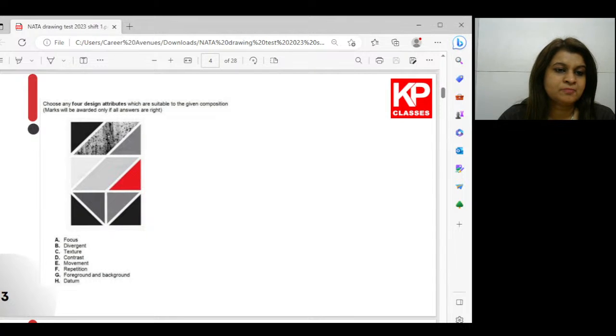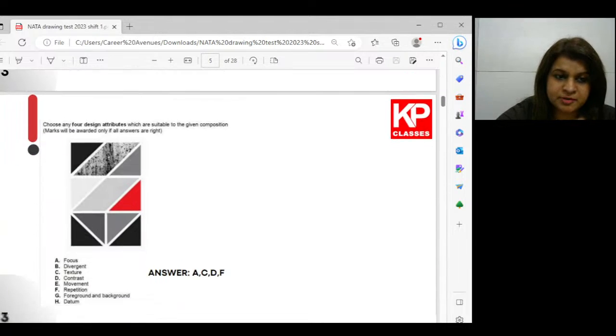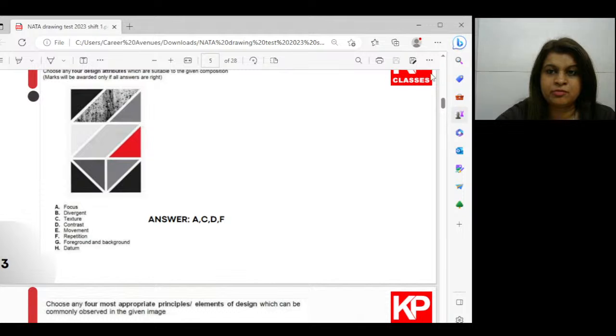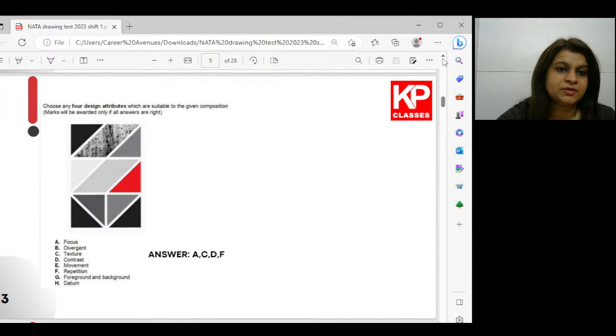The options are focus, divergent, texture, contrast, movement, repetition, foreground and background, and darkening. Okay. So all of these are either principles of design or elements of design, right? And if you are thorough with the principles and elements of design, then it will again become very easy for you to pick up the right option.